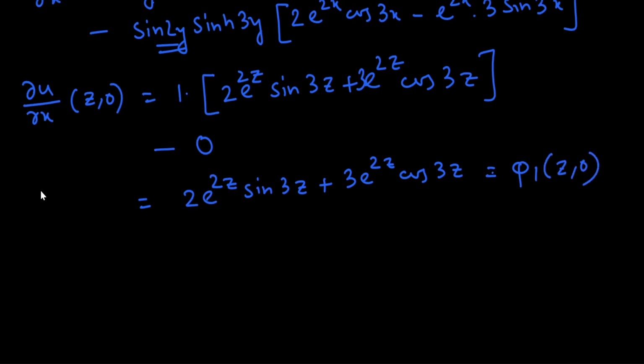Now phi 2 (z,0): first we find del u del y.